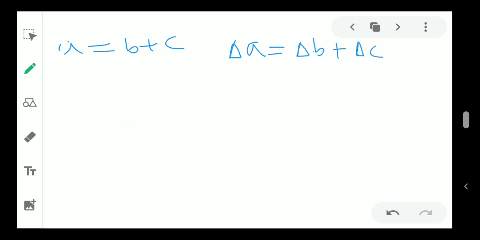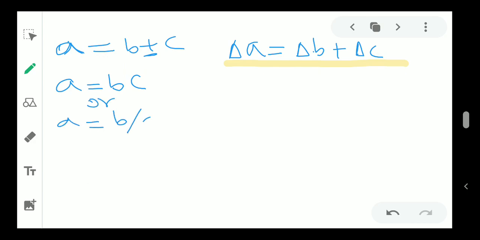If we have subtraction also, a equal to b plus minus c, in both cases the absolute error adds up. In the case of a equal to b into c, or a equal to b by c, in both cases my relative errors add up.